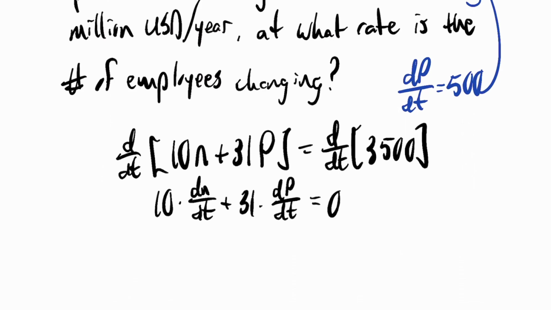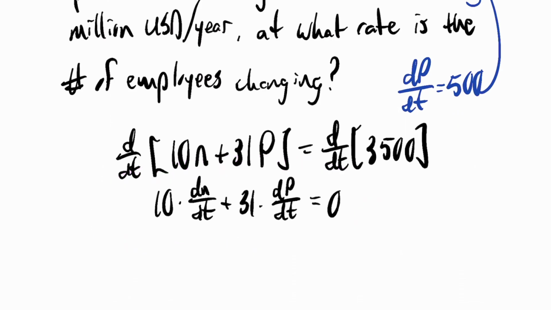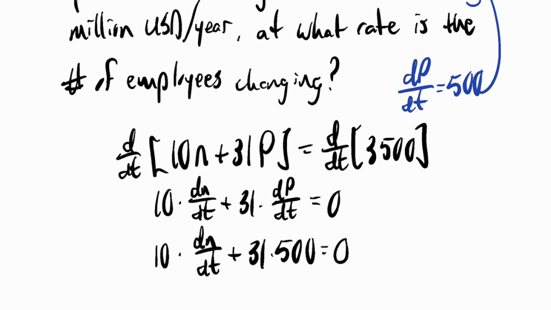So now that I've found my time derivative, I can plug in the 500 that I was given as the rate of change for profit. So 10 times dn dt plus 31 times 500 equals 0. And now I can solve for dn dt.